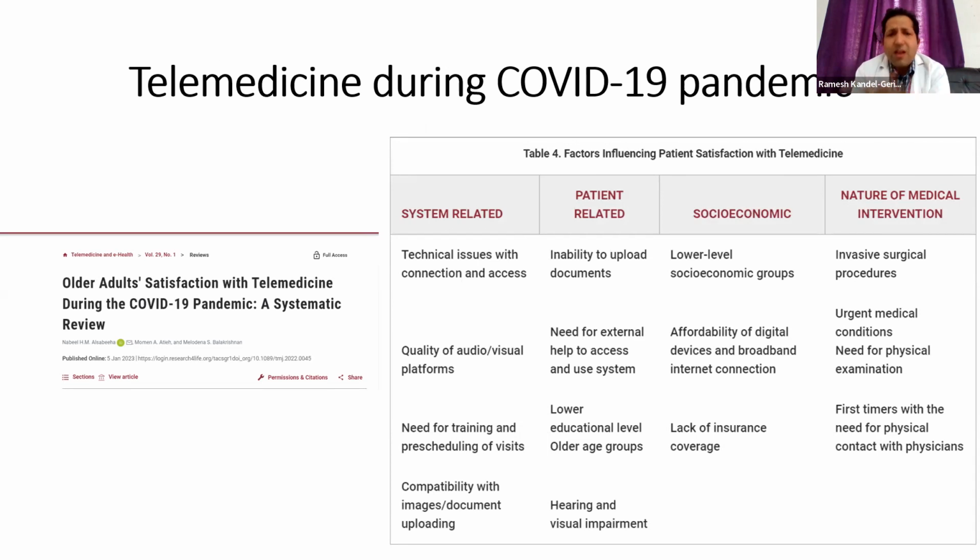We have to think, because this is quite challenging in the context of Nepal, where there is a lot of topographical variation, literacy variation, and so many issues. So we have to think in a holistic manner when we talk about telemedicine, especially with regards to older adults in Nepal.